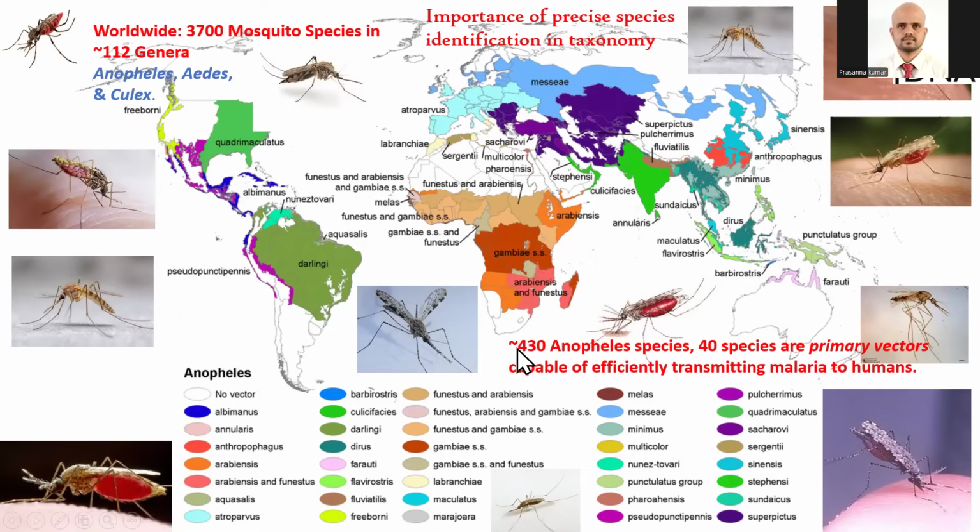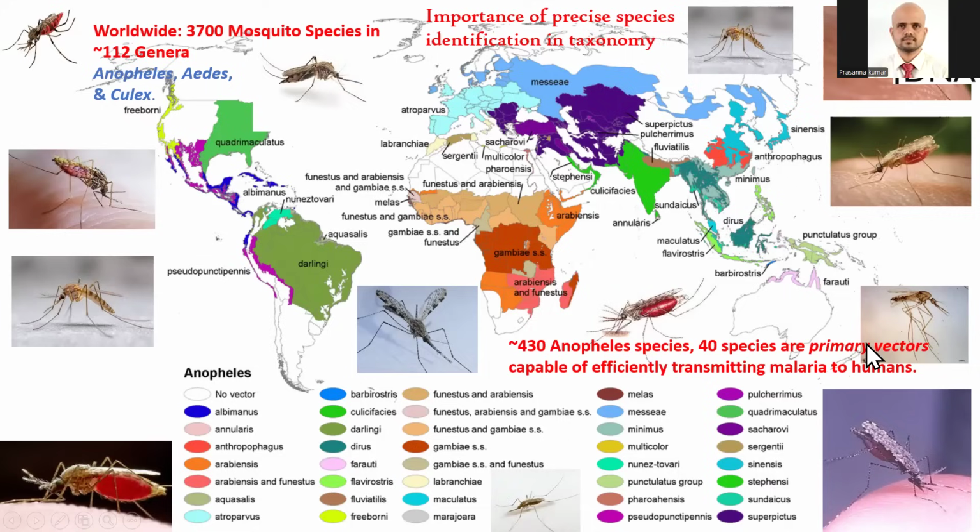But among these 430 species of Anopheles, only about 40 species, less than 10%, can act as primary vectors in spreading Plasmodium.